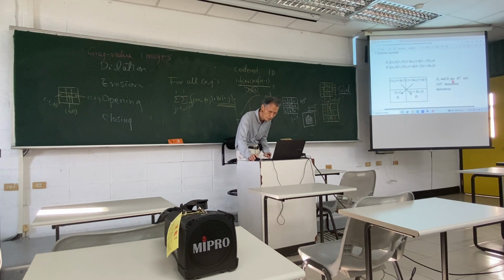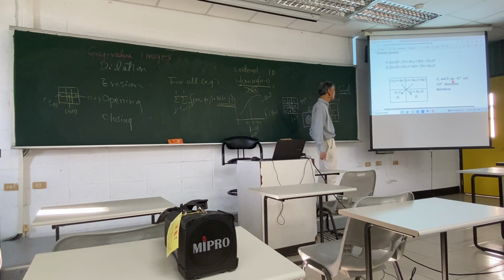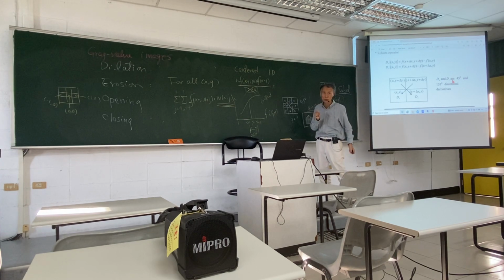Here, the last one for the edge detection filter. Another name you need to remember is the Roberts operator. It's the smallest filter, only 2 by 2.